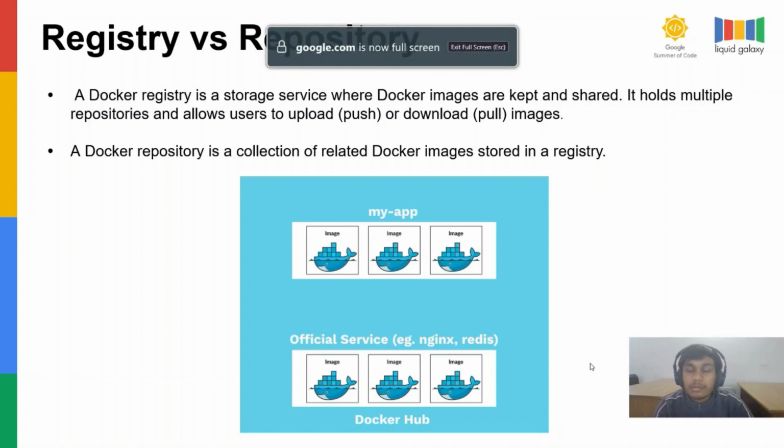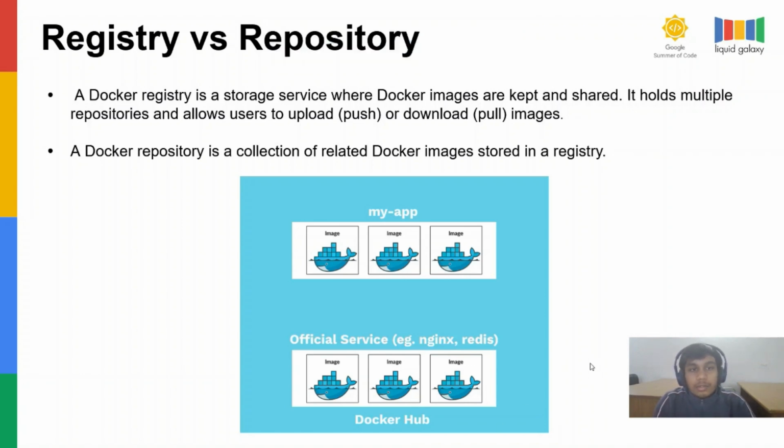And how is that? Because a repository is also a collection of Docker images, but that are stored in a registry. So here's the difference. Even though registry and repository both are a collection of Docker images, the registry is the one encircling them all. So a registry is a collection of repositories, but a repository is not a collection of registries. So that is how it is.